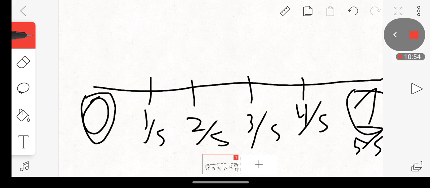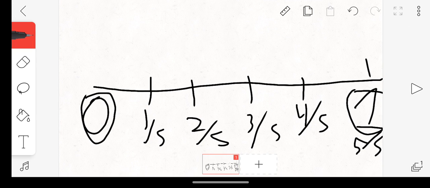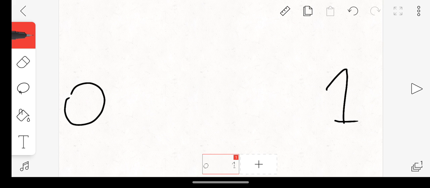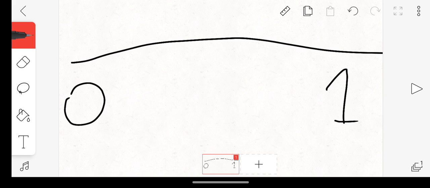So do you guys get what the number line is? Let's try half. Half is gonna be easy. So here we have a 0 and a 1. Halves is very easy.